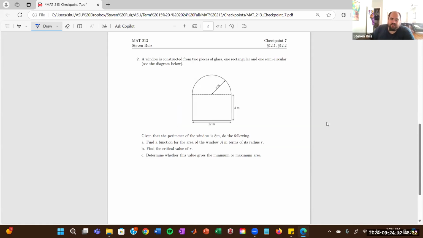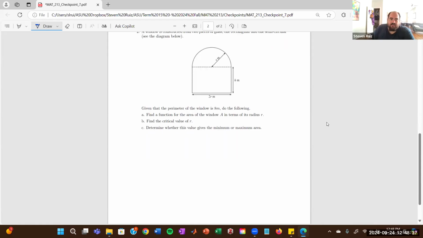So that is typically not something we can do first, but let's write down the area as a function of what? I'm going to leave that a blank. An area as a function of something. So I have an area of a rectangle. How do I find an area of a rectangle? Base times height. So that'll be 2r times h.